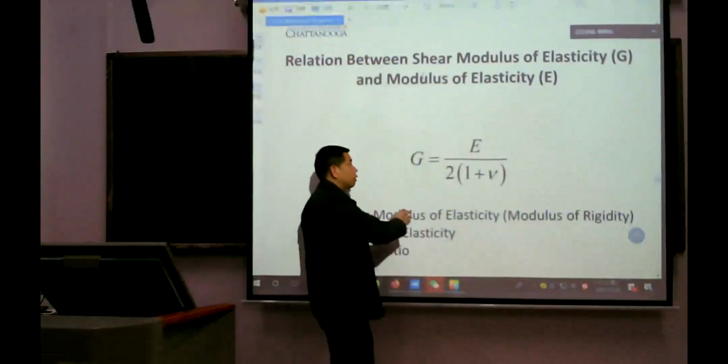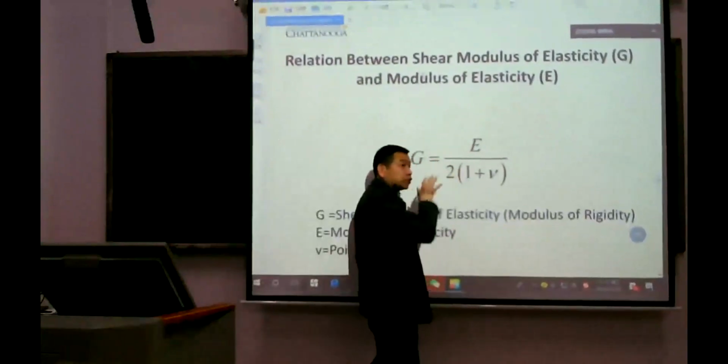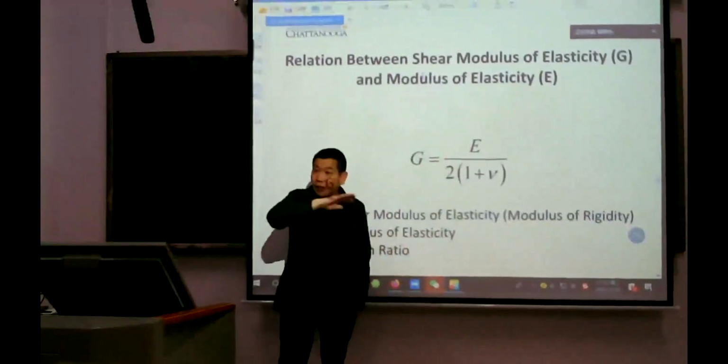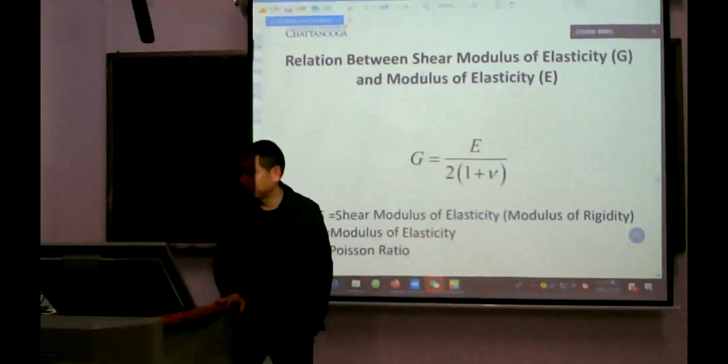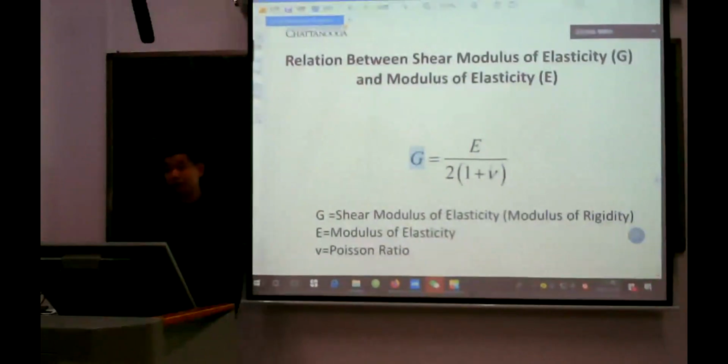In the future, we will prove it. But today we just accept it because we can't prove it now. It means these constants are not independent. Yes, sir?